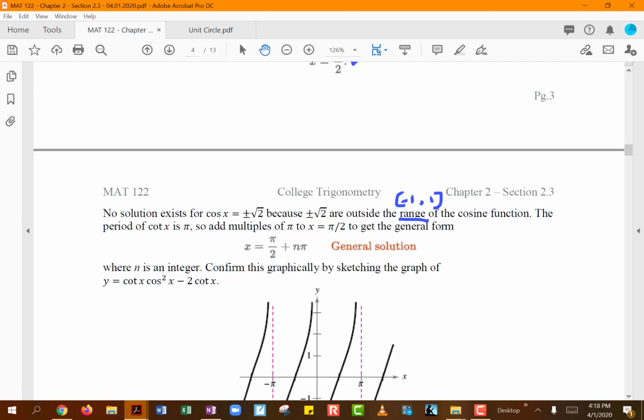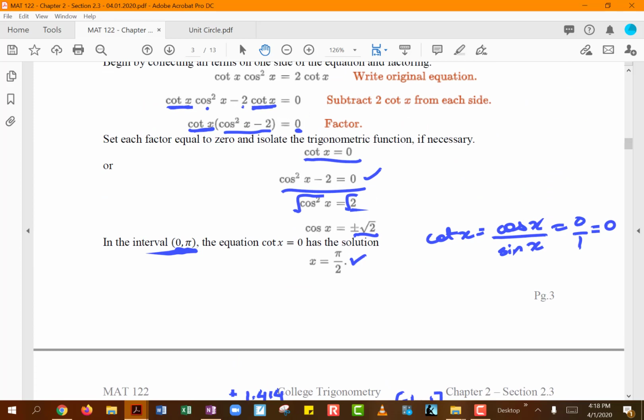So the value of square root of 2 is approximately 1.414. So you can see positive or negative, these values are going to fall outside the range of our cosine function. So you will actually not be able to find any solution for this second part. So from here, you're not going to be getting any solution for your cosine function.